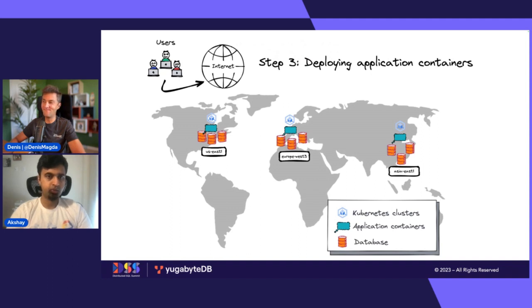Yeah, so once you have set up the policies, you've deployed your Kubernetes clusters, you've deployed the database, and you use one of the policies that meets your requirements as Dennis laid out, either a single write, multiple reads, or geo-partition clusters, or completely unique isolated clusters with async replication, you have to then deploy your application containers.